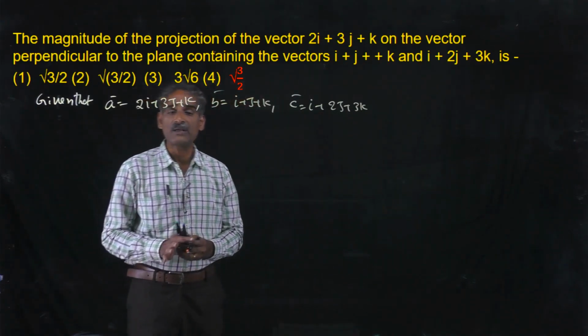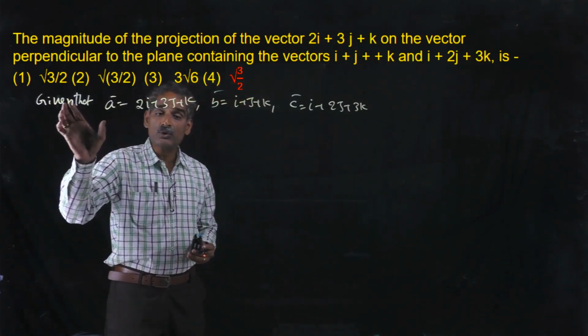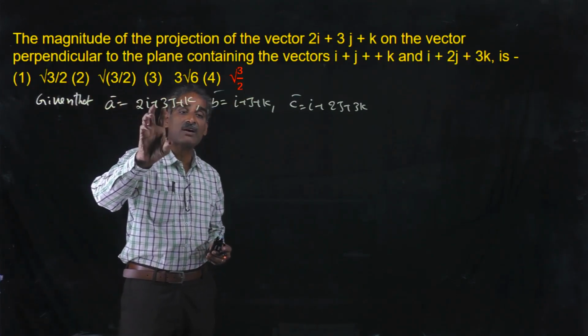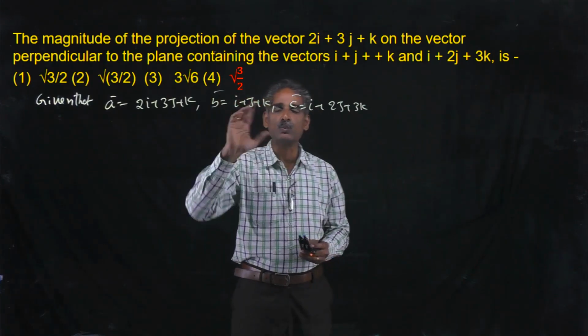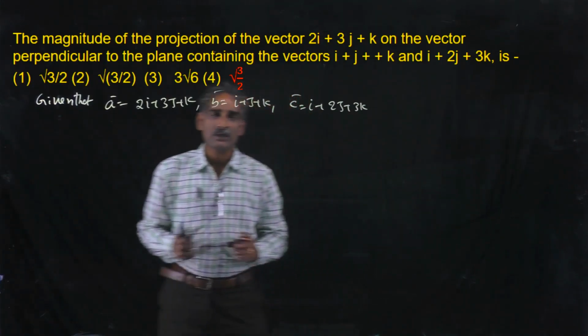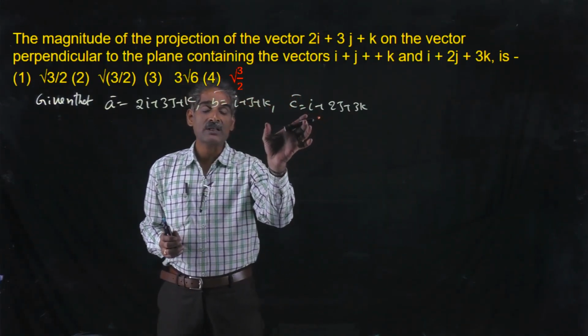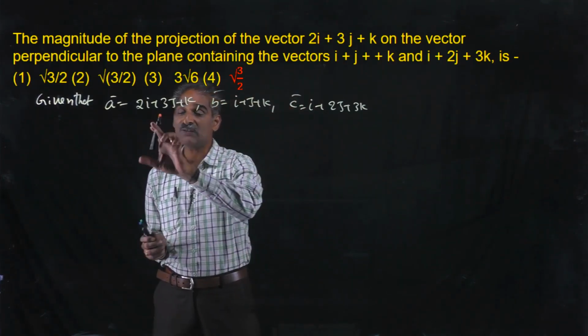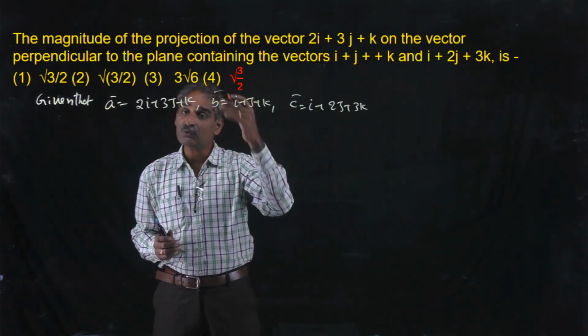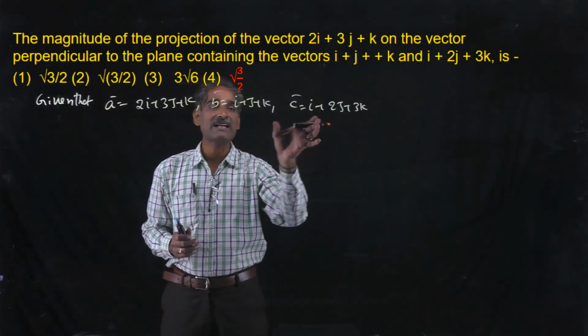Here we have to find the magnitude of the projection of this vector on the vector which is perpendicular to the plane containing these two. Understand? These two vectors lie on a plane. We have to find the projection of this vector on a line that is perpendicular to the plane containing them.